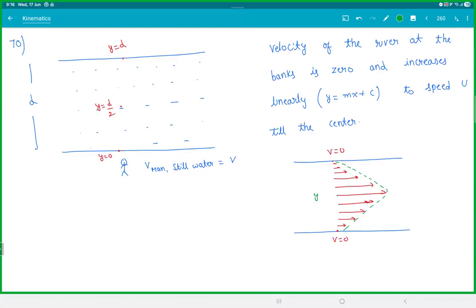So at the midpoint, y is equal to d by 2, the river is flowing maximum. This is the maximum speed of the river. This is how generally rivers are, right? Now this guy decided to cross the river. And he says, I don't care about the river and all, I'll swim straight. We'll see what happens. So this man swims straight.